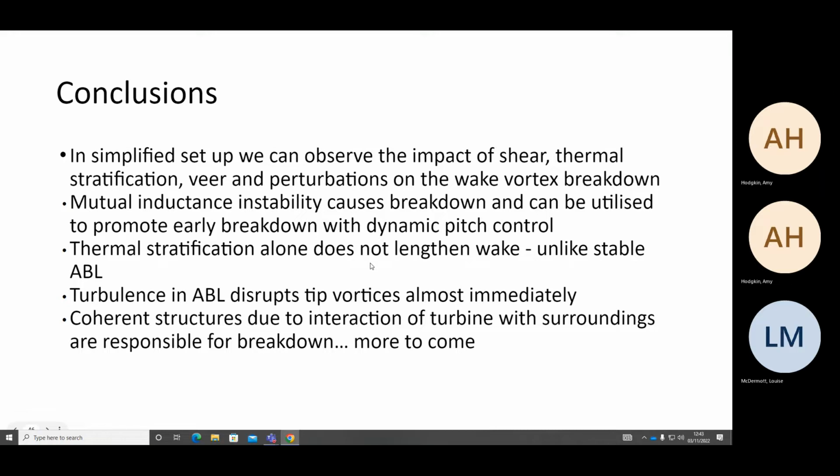When we go into the atmospheric boundary layer, the turbulence really does complicate things and disrupts the tip vortices immediately, but we can still hopefully find some good conclusions studying this. And importantly, we really need the interaction of the blades of the turbine with the surroundings, or with the tower and the nacelle, to create these coherent structures that are actually causing breakdown. But hopefully more to come on this.